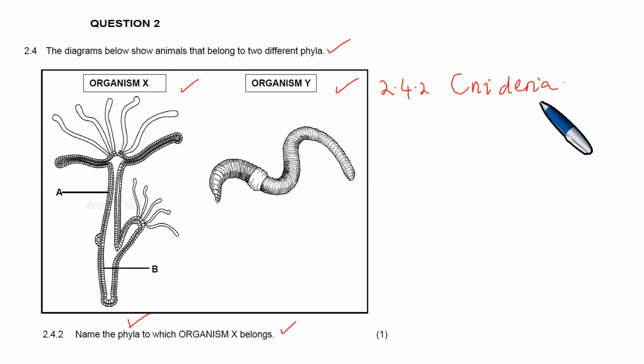It's called the Cnidaria. So the Cnidaria is the phylum to which organism X belongs.